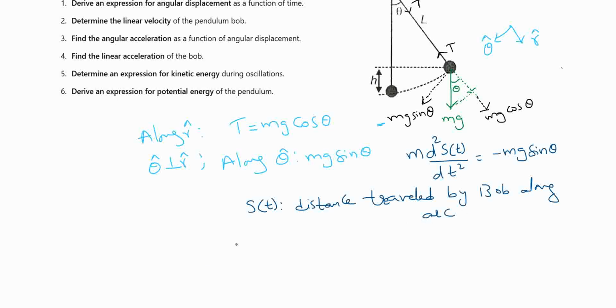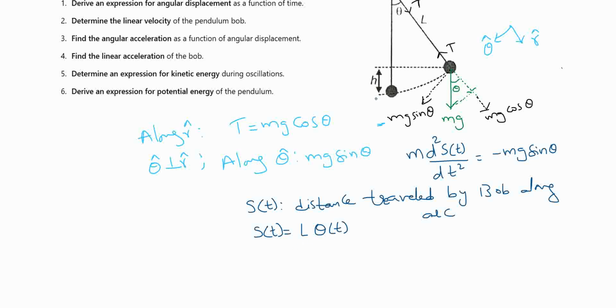We know that the arc length is equal to radius times angle, and the radius here is nothing but the length L. So s of t is L times theta of t.